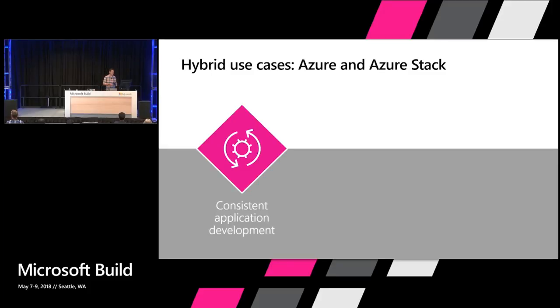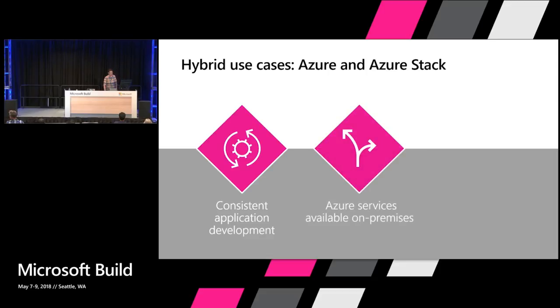So consistency, and I alluded to consistency briefly in the demo, this flexibility of being able to create your resources and place them in either cloud is very, very helpful. Then having the ability to leverage the Azure services available on premises is also something customers find very helpful.